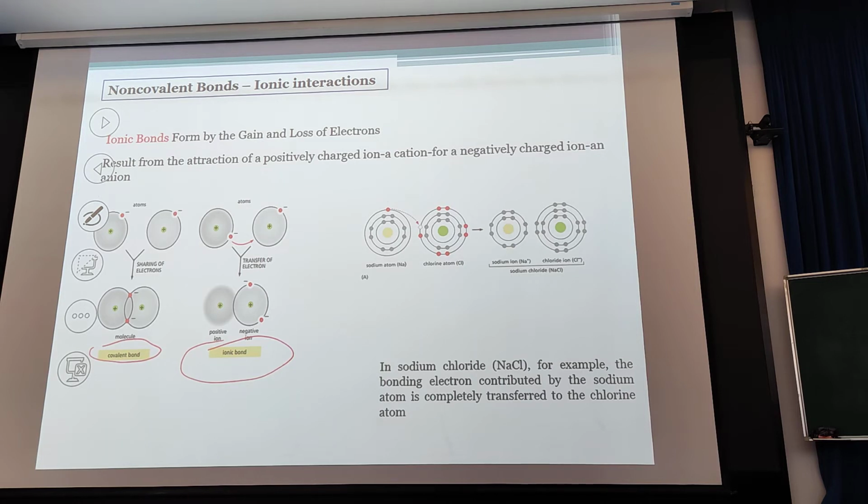So it wants to give one electron to another atom, and luckily chlorine has only 7 in the outer shell, so it tends to receive one more electron. So when sodium and chlorine combine, we have the sodium chloride compound, and the bond between sodium and chloride is the ionic bond.